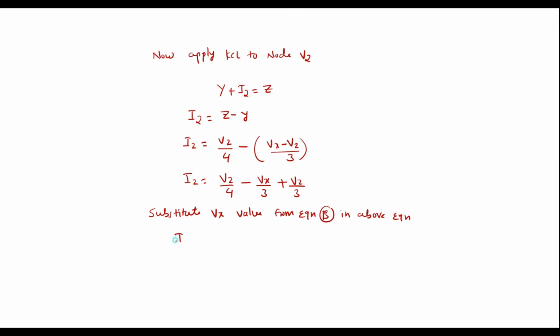So I can write I2 is equal to V2 by 4 minus, where Vx is nothing but V1 minus I1, that is V1 minus I1 divided by 3, plus we have V2 by 3. Let me simplify this further: I2 is equal to V2 by 4 minus V1 by 3 plus I1 by 3 plus V2 by 3.